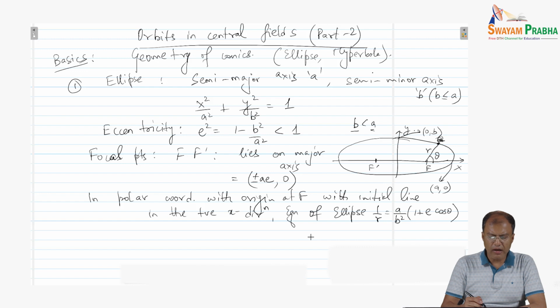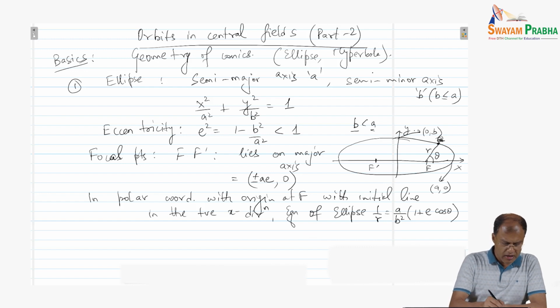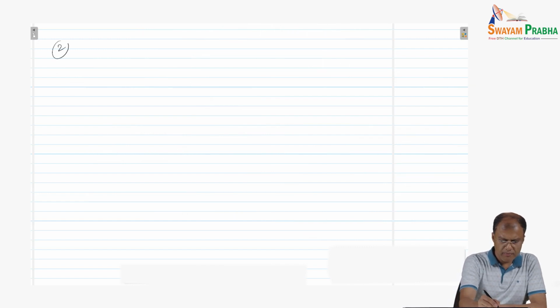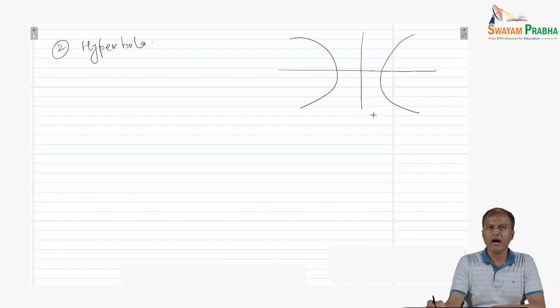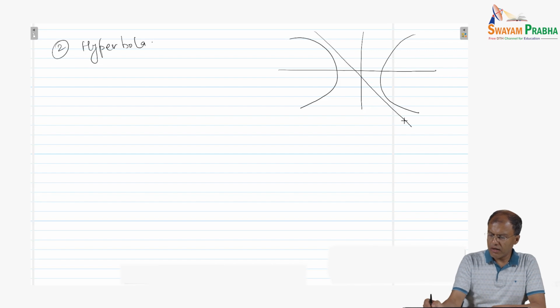Let us now look at another conic, which is the hyperbola. I'm going to be quick this time. Let us quickly draw the diagram for the hyperbola. Remember, the hyperbola, unlike the ellipse, is an unbounded conic section.